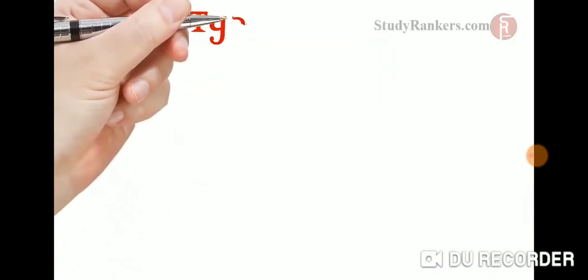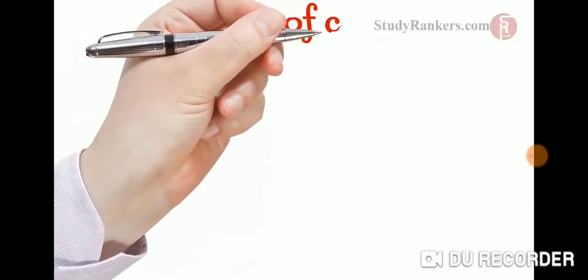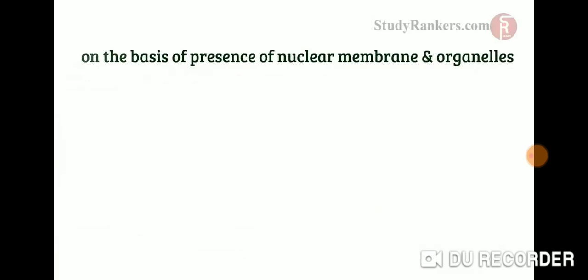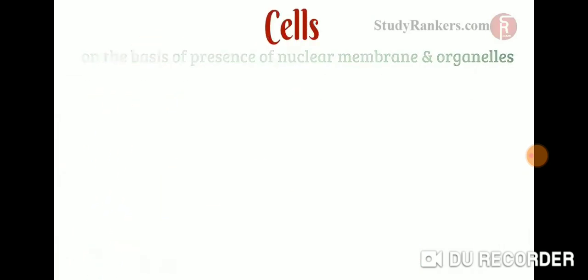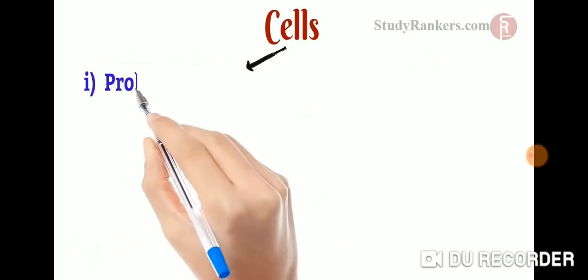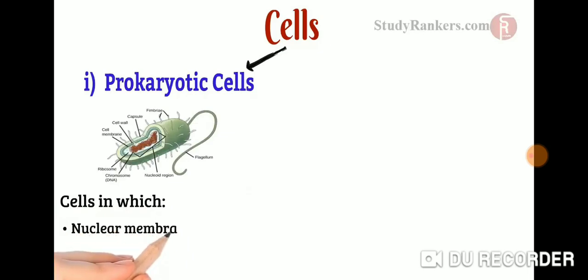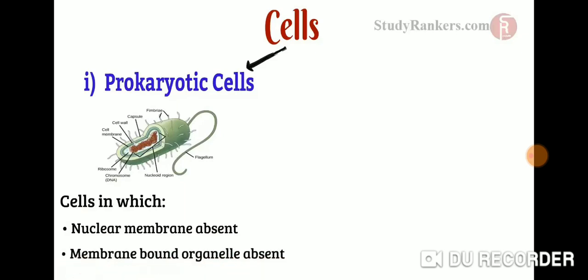Now, we will study about the types of cells. In this chapter, we will only have to study about the cells on the basis of presence of nuclear membrane and organelles. Cells are of two types. They are prokaryotic cells, cells in which the nuclear material is not enclosed by nuclear membrane and membrane-bound cell organelles are absent.